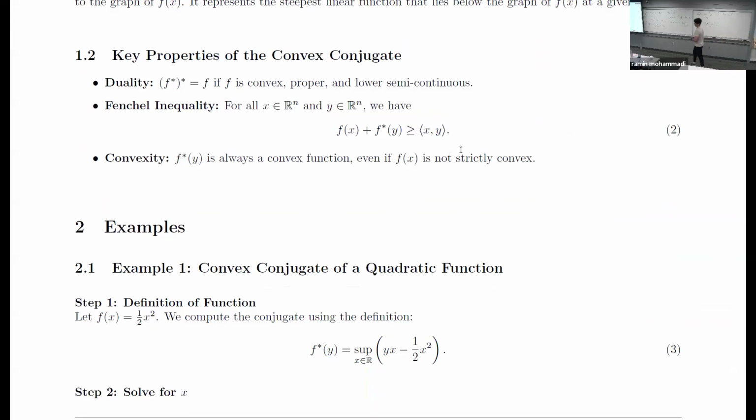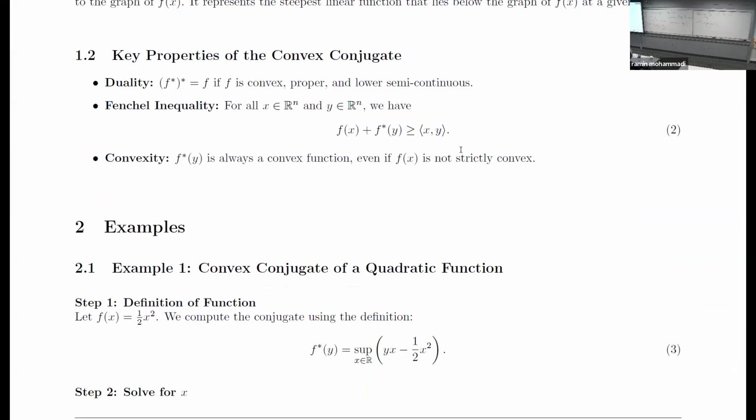That's just the function that we have. And then we want to calculate the convex conjugate for that using the equation that you see over there, with respect to another variable, y, t, whatever. f star(y) equals the supremum of yx minus 1 over 2 x squared.